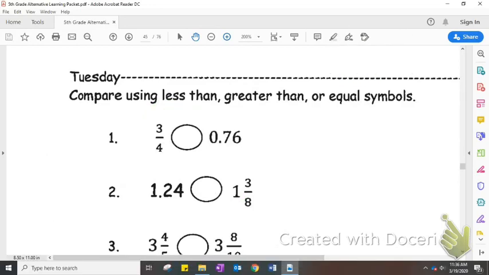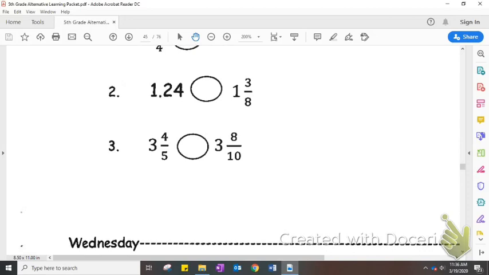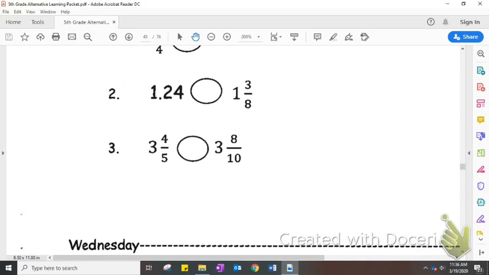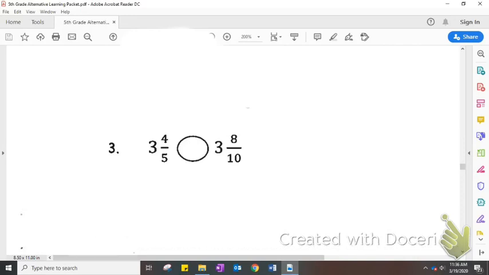All right, so now let's do the last one here. Three and 4/5, and we're comparing it to 3 and 8/10. All right, so we're comparing two fractions.